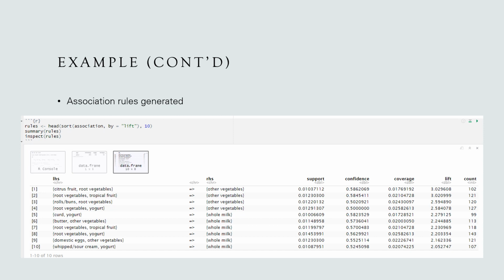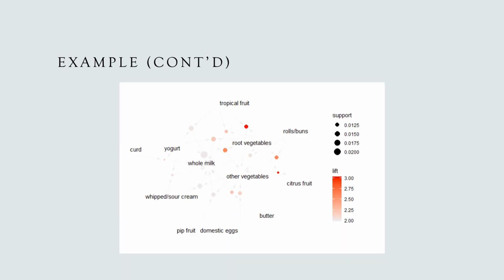It's the same thing, but it makes sense that other vegetables and whole milk are within the top 10 on the right hand side, being that they're the most frequent. But this can help let the retailers know how to plan when they have these items. So pretty straightforward.